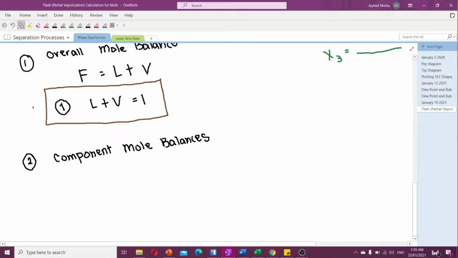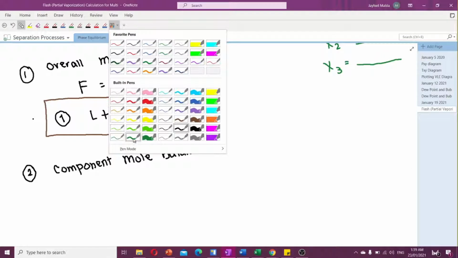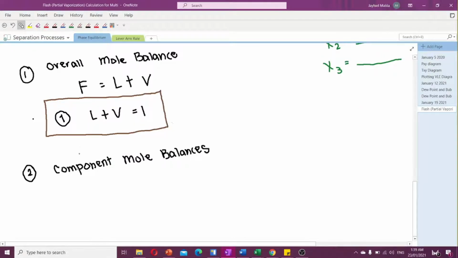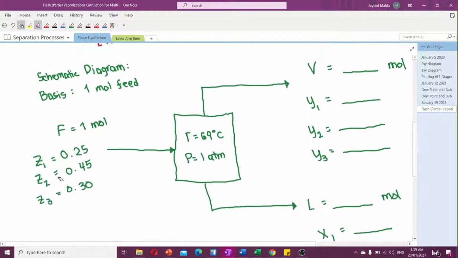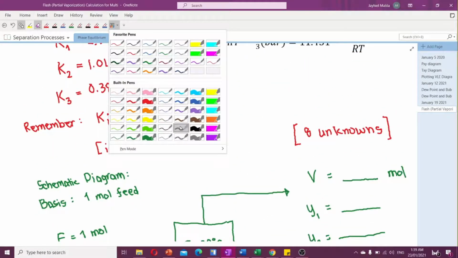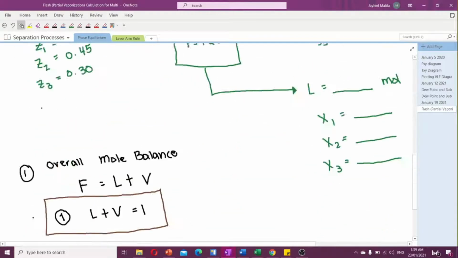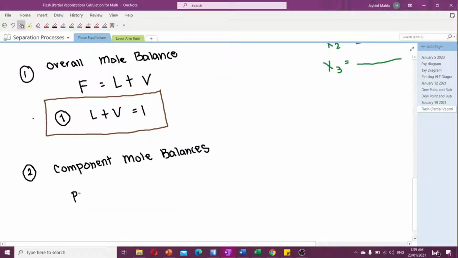Let's start with the feed component. For component 1, I will just write the name of the component that corresponds to number 1. It's pentane.